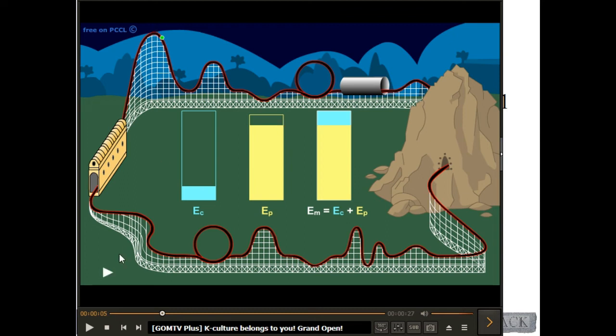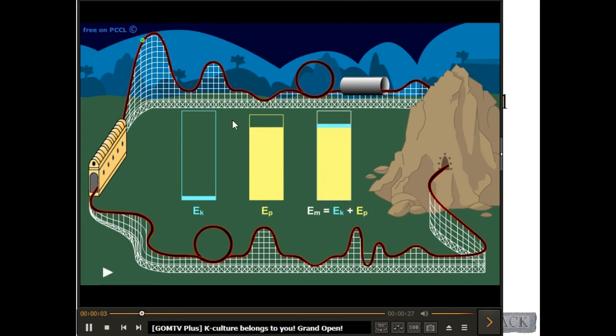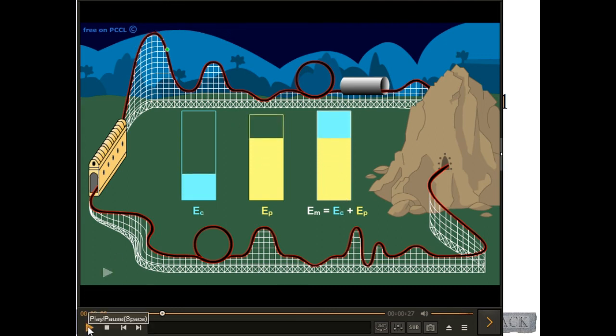At the beginning, while the trolley was going up the hill, mechanical energy was not conserved since the traction force was giving us mechanical energy. So our mechanical energy was increasing. I can play it again. Look, the mechanical energy is increasing, increasing, till it reaches a maximum value.